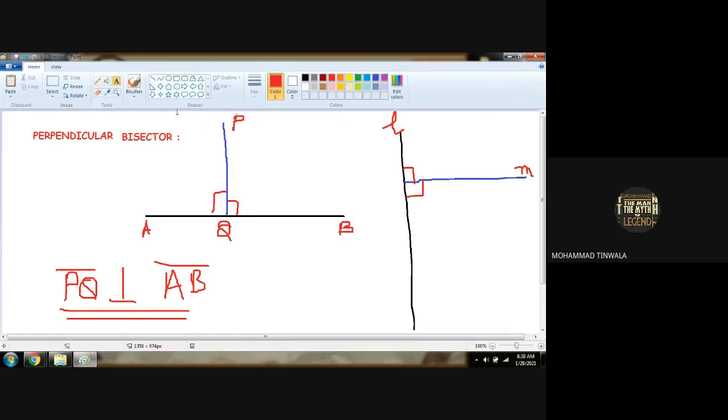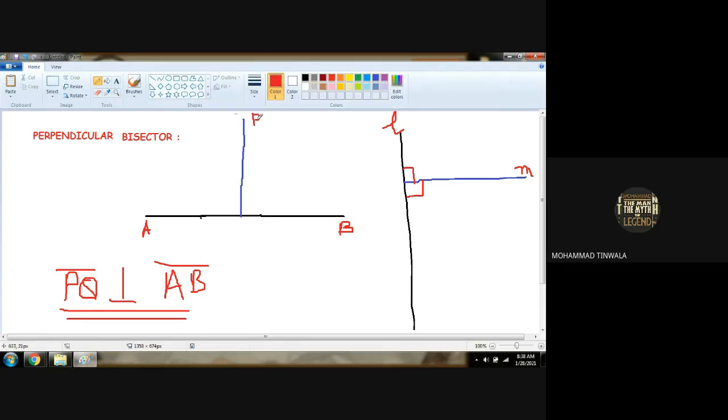For example, this P and Q. If this baseline is, for example, 6 centimeter, okay. So the perpendicular bisector will always be in the middle of the line segment. The P and Q will be exactly at the middle of the line segment.